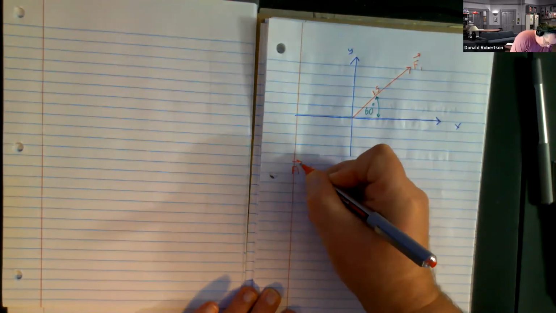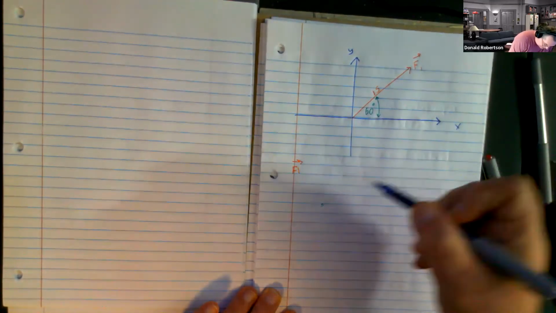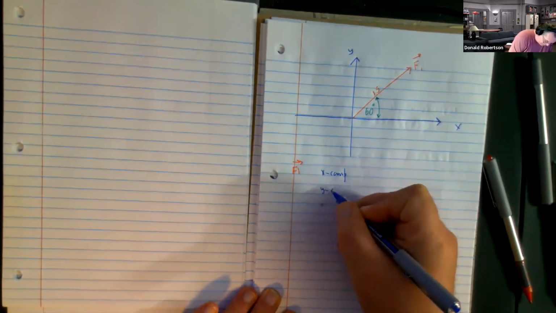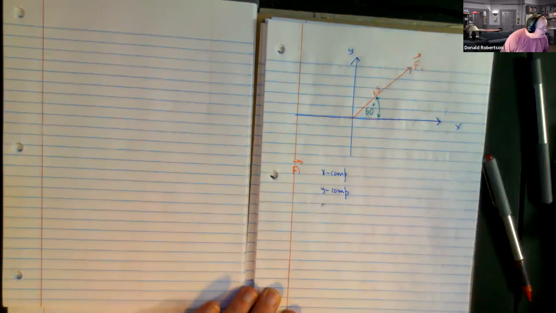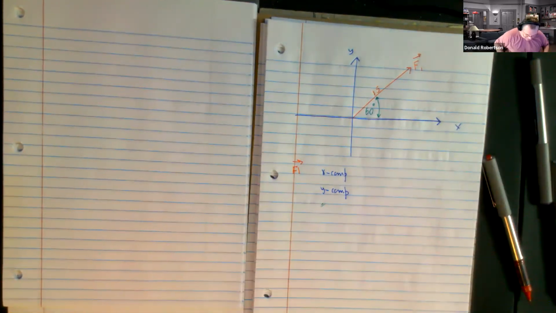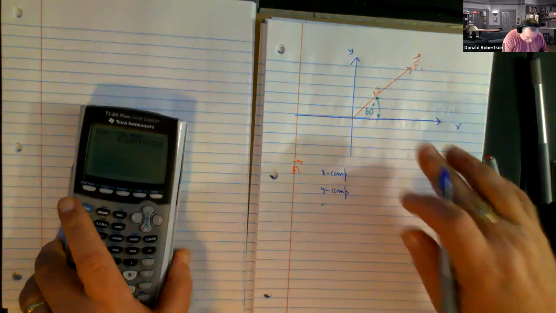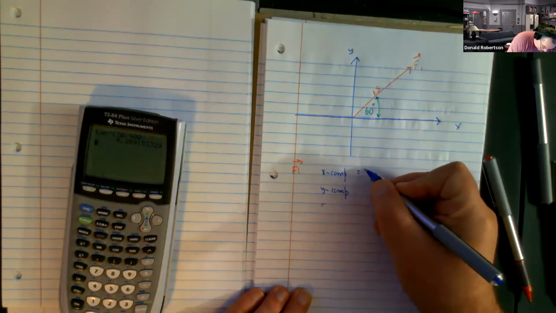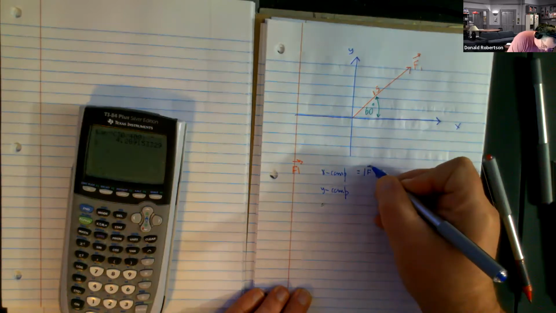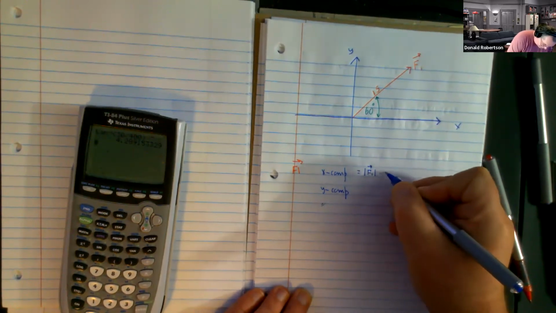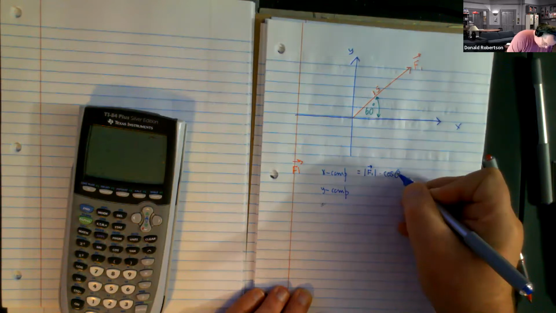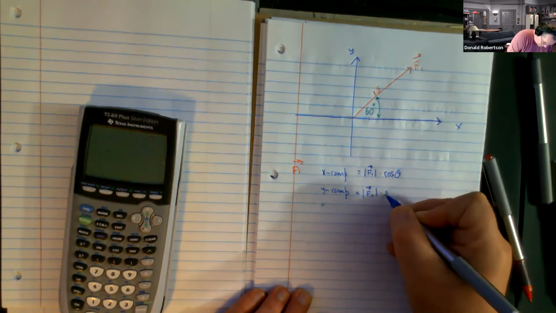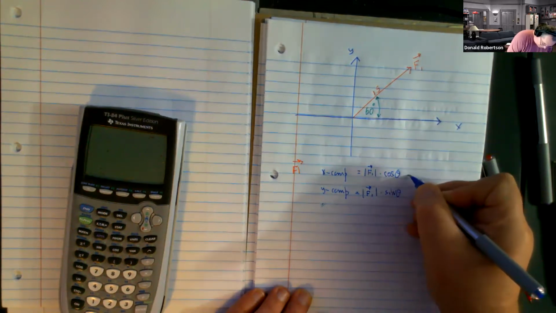I'm going to get its X component and its Y component. They want all these to two decimal places, so I'm not going to do exact values, so I won't need to worry about my unit circle. The X component is the magnitude times the cosine of its angle, and the Y component is the magnitude times the sine of its angle.